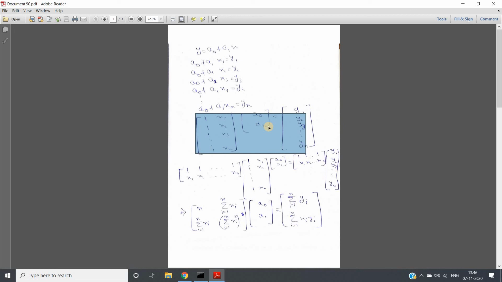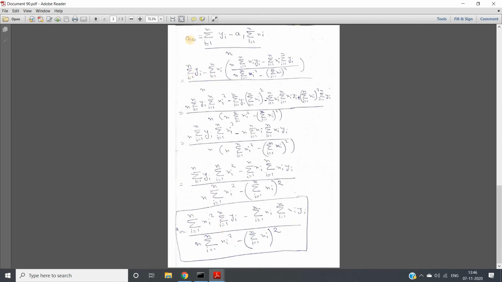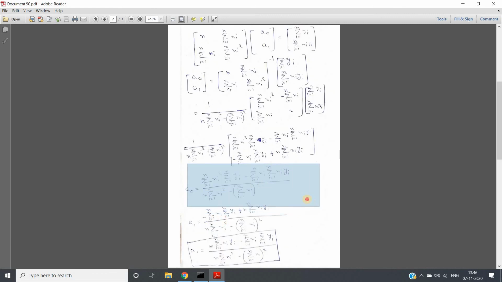Whatever a0 and a1 coefficients we get are basically matching with our previous derivation. How have we derived that? See, a1 we directly got the same, and we took our previous a0 equation and replaced a1, and whatever equation we were getting for a0 from the previous derivation and this derivation are giving the same result. So a0 and a1 both matched.